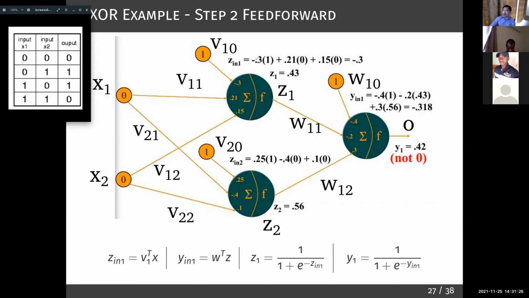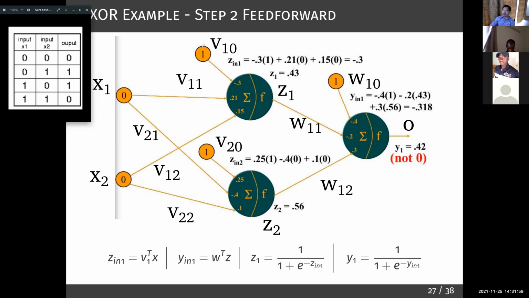As I said, this is now purely substitution. In the feed forward, we compute Z1, Z2 and Y1. To compute Zin1, it is V1 transpose times X, with our V's initialized: V10, V11, and V12.